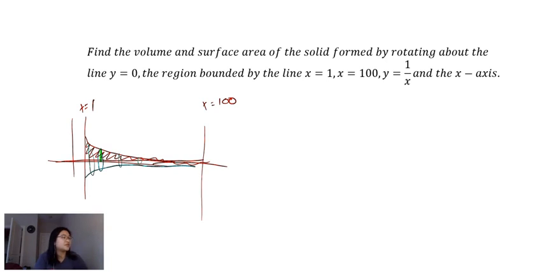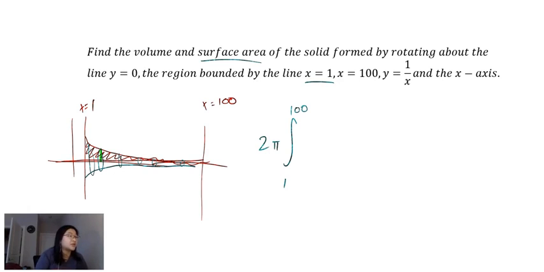It almost looks like a vuvuzela. Remember those from like 10 years ago? We have our bounds from 1 to 100. We're looking for our surface area, so we need 2 pi out front, and we need a radius.